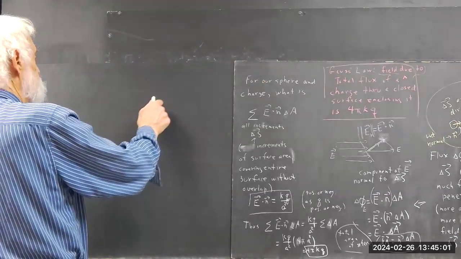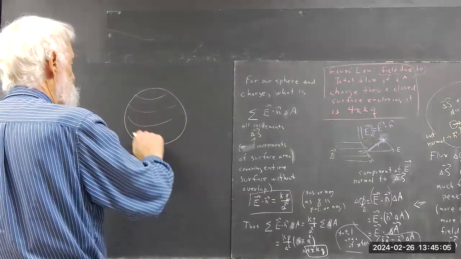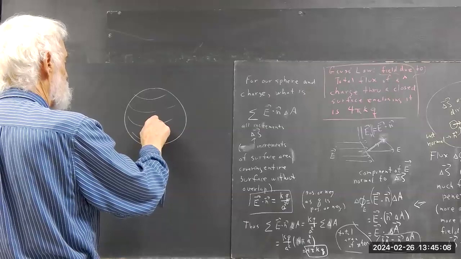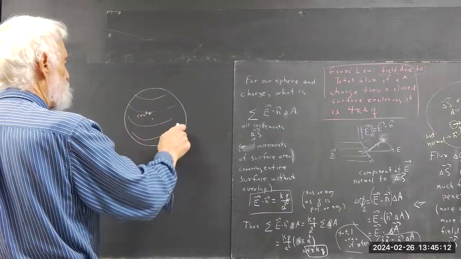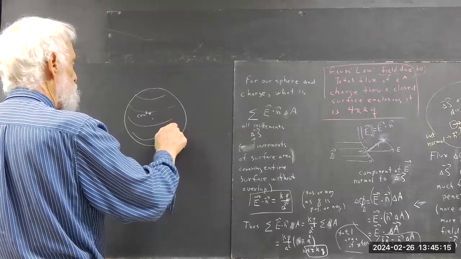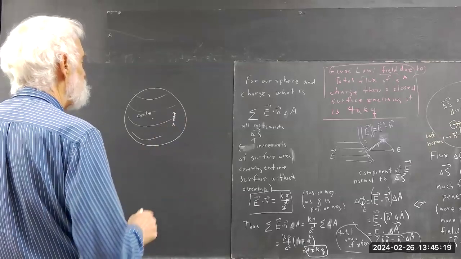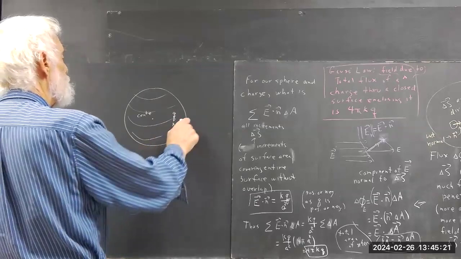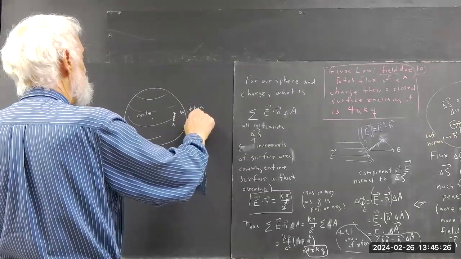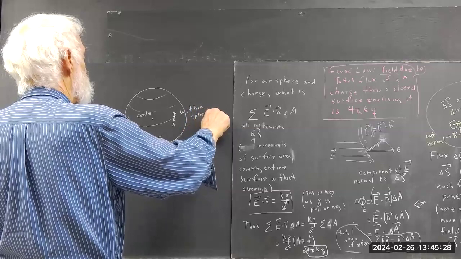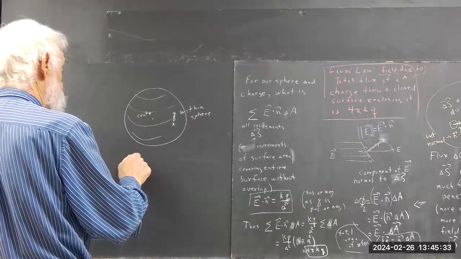So for example, let's just say you've got another sphere. And here's the center. And out here is a charge Q within the sphere.